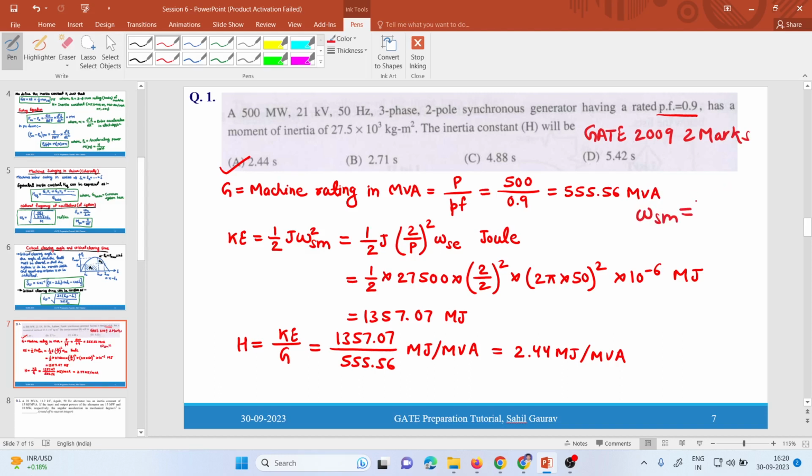So omega sm will be 2 pi ns, in mechanical radian per second, and omega AC is electrical radian per second, that is 2 pi f. Since this is a two pole synchronous generator, both omega sm and omega AC will be equal to 100 pi.